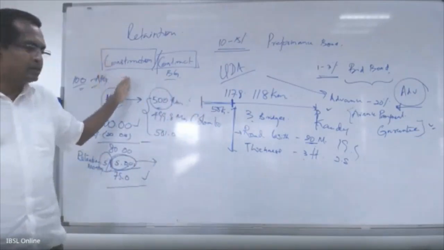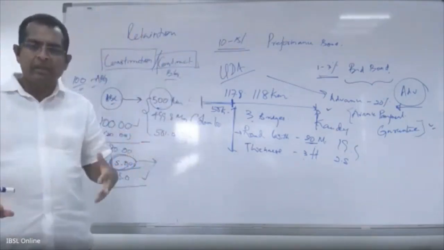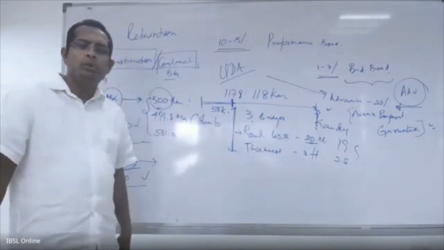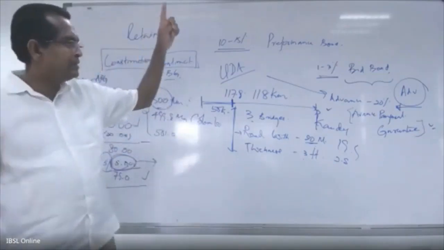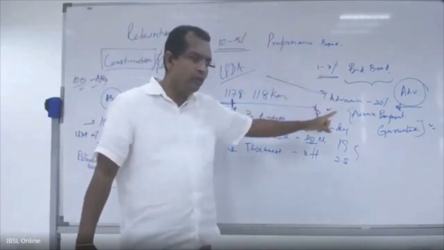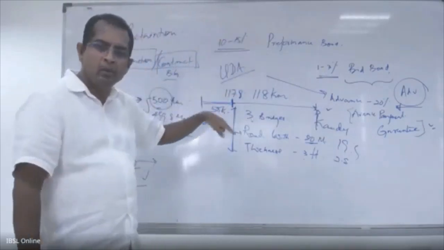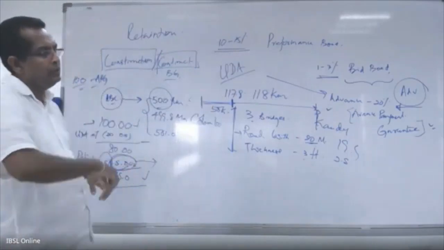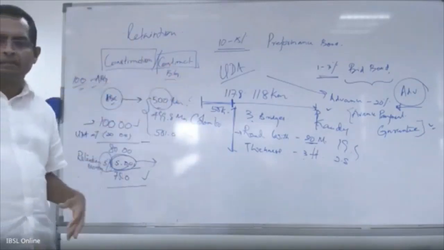It can be construction business or supplies business. Like if you want to supply computers to some institution, they will start with a tender, go for advance payment, performance, retention, and maintenance. So these are the trade related guarantees on construction and supplies.